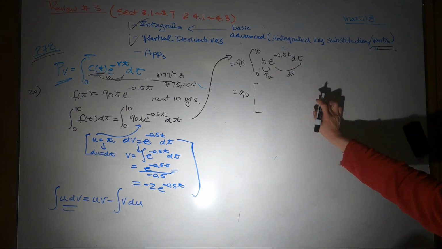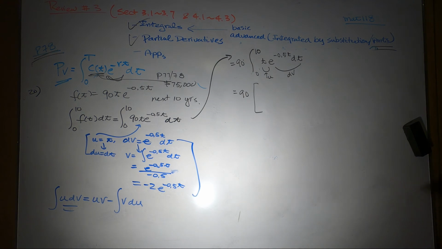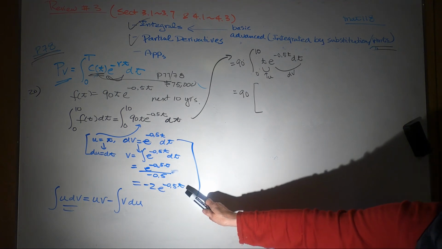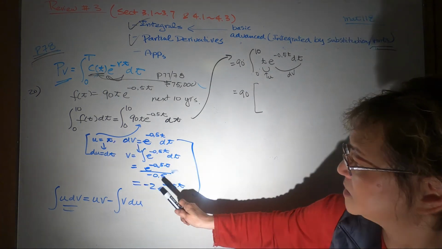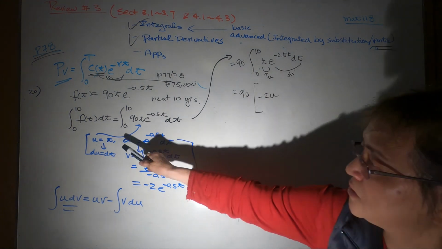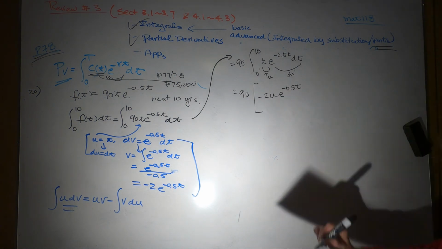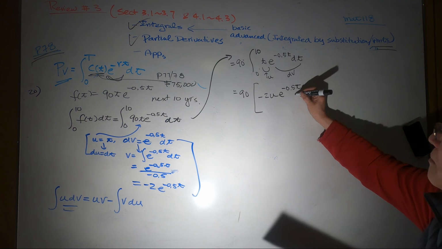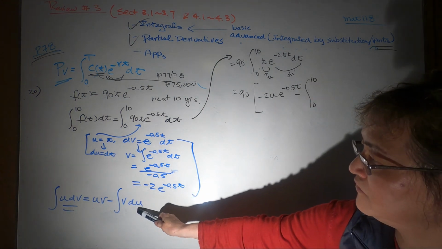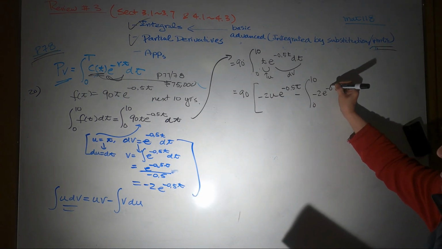Let's do this one. So we will have uv, u times v, right? What's u here? What's your v here? So u times v will be negative 2t times e to the negative 0.5t, right? Minus this v du. V is this one.